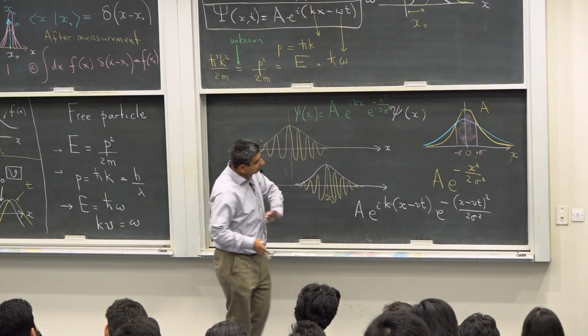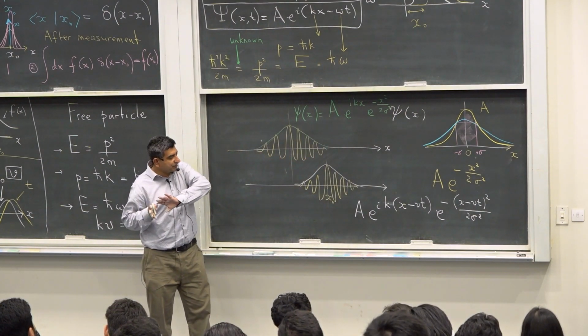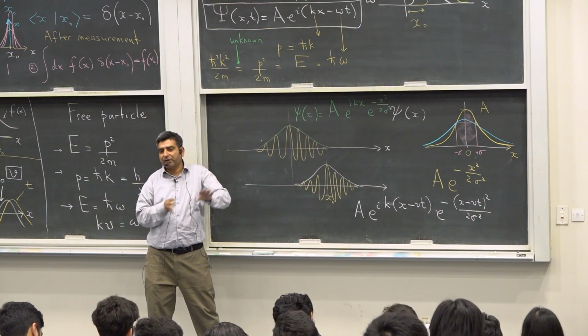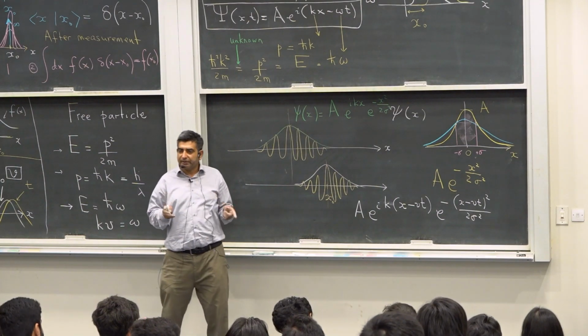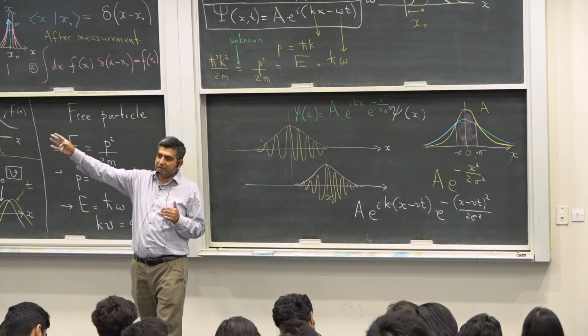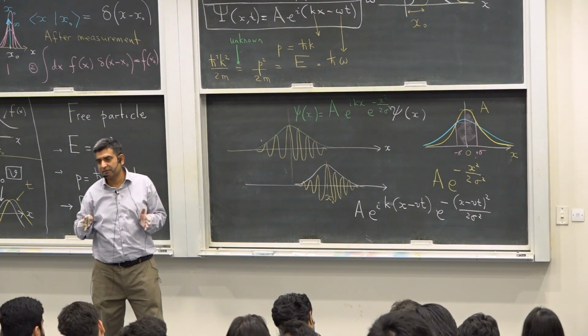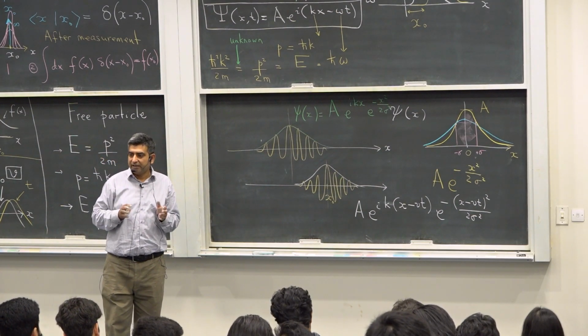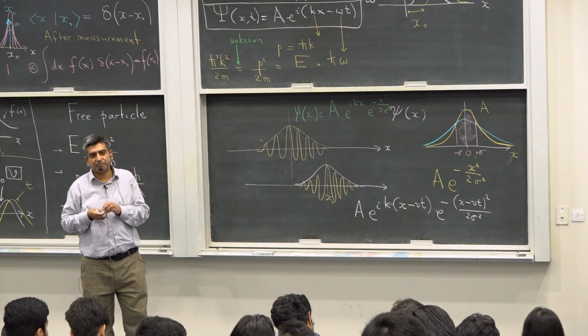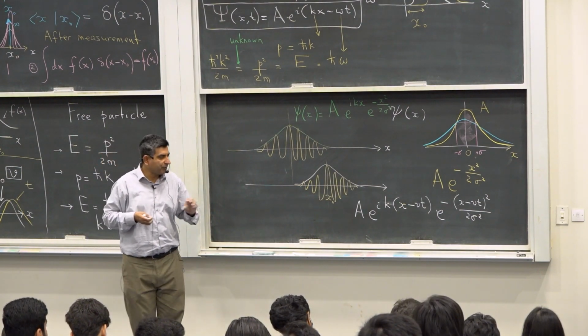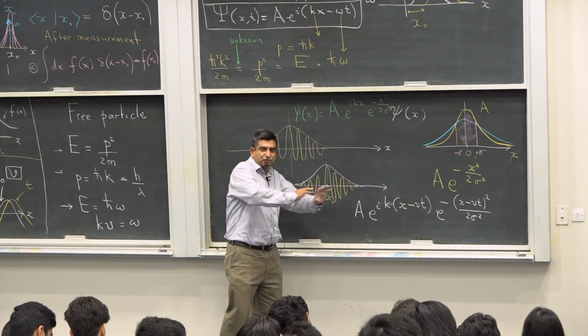So this is a wave function that is moving, and it's also localized. This wave function is as important as the free particle wave function. It's called a wave packet, a Gaussian wave packet. This is a more realistic scenario with real particles. A particle is moving, you have this wave packet that's also moving with it.